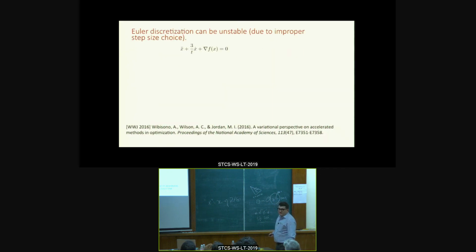Okay, so it's not surprising, and anybody who's worked with any dynamics would see this, that if I just take this ODE for which I can prove a rate, and I do an Euler discretization, if I'm not careful with things, then it could be unstable. And so here's where you're stuck between a rock and a hard place.